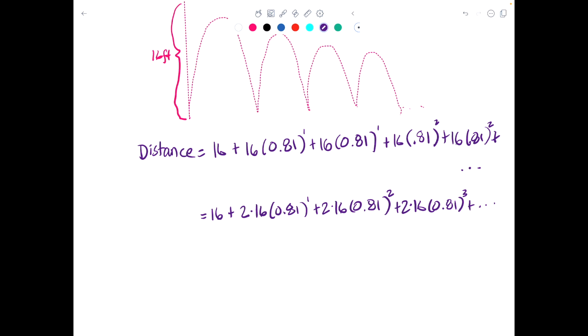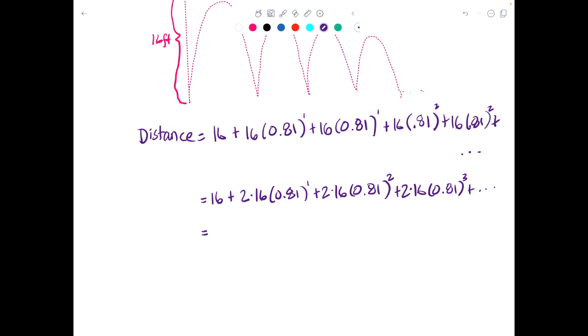So now working with this, we would have, factoring out a 16, 16 times 1 plus 2 times 0.81 to the 1, plus 2 times 0.81 squared, plus 2 times 0.81 cubed, plus dot, dot, dot.